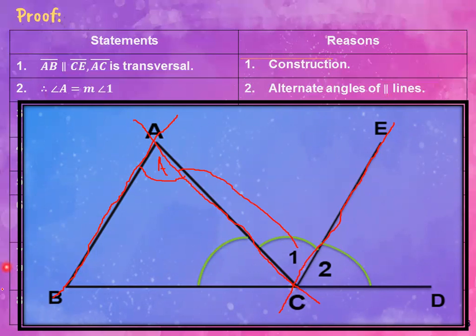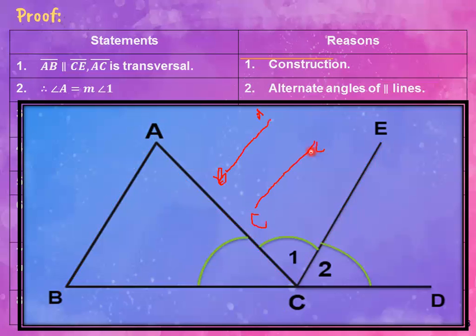I am going to draw a small figure here. This is your line AB, this is A and this is B, and this is another line, which is C and E. Now these two parallel lines are intersected by another line, which is AC.